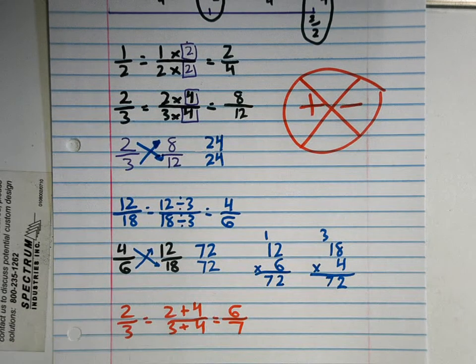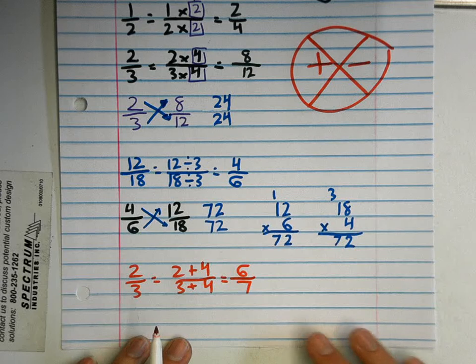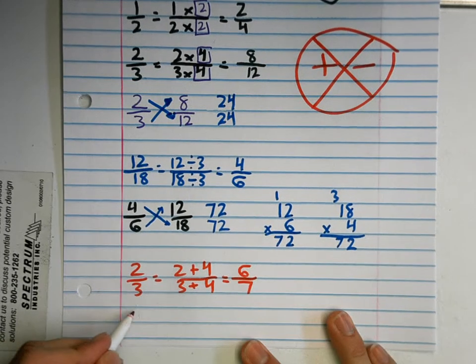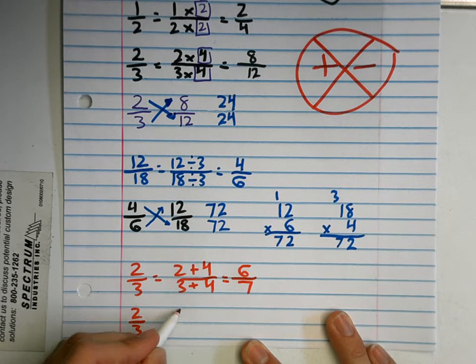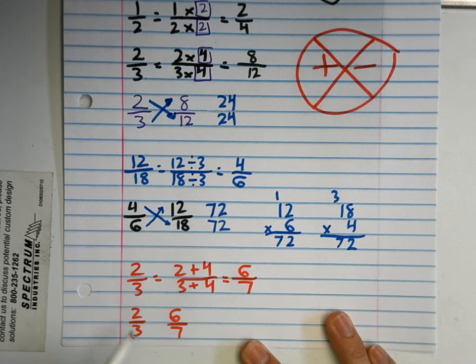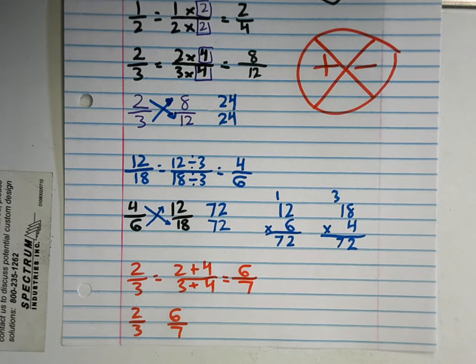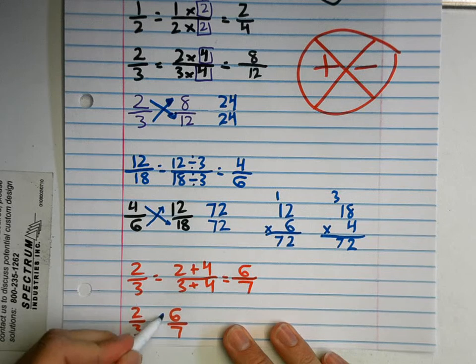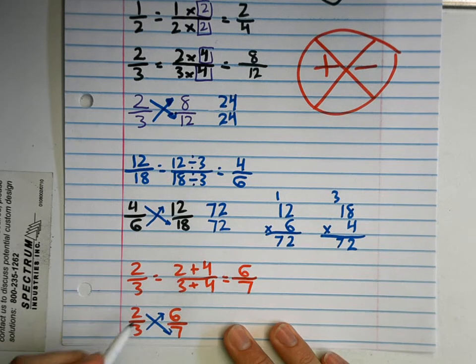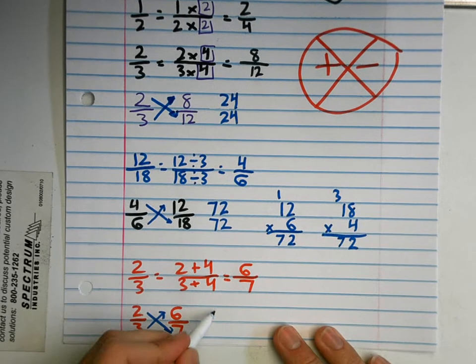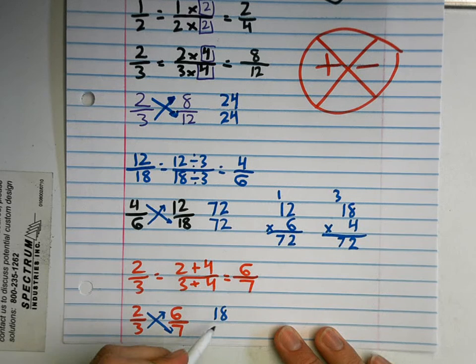So now I'm going to cross multiply 2/3 and 6/7. 3 times 6 and 2 times 7. 3 times 6 is 18. 2 times 7 is 14.